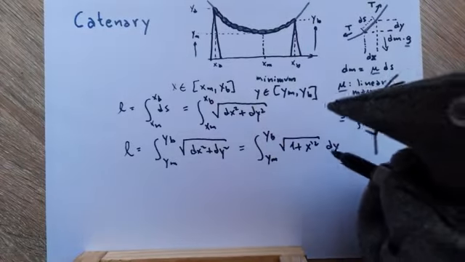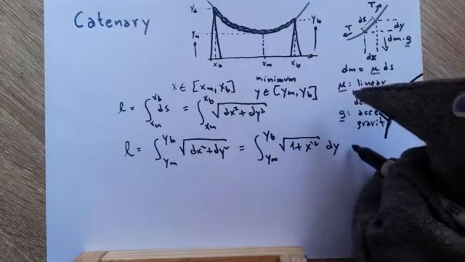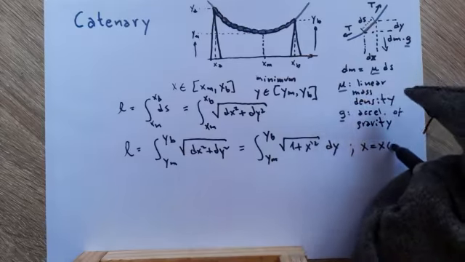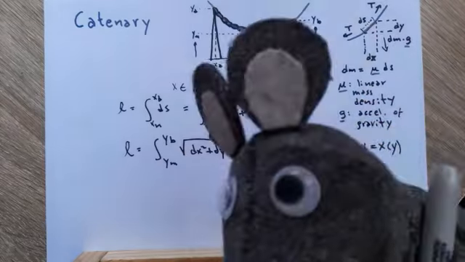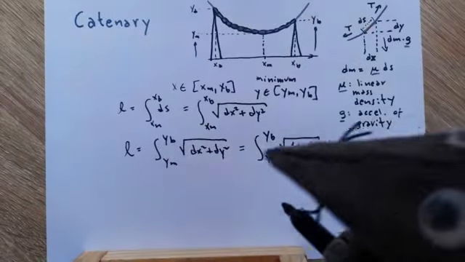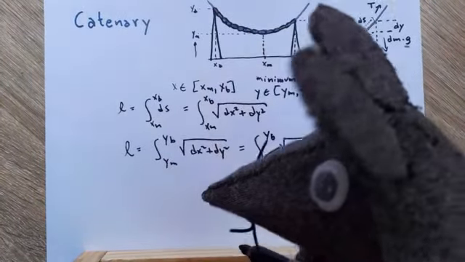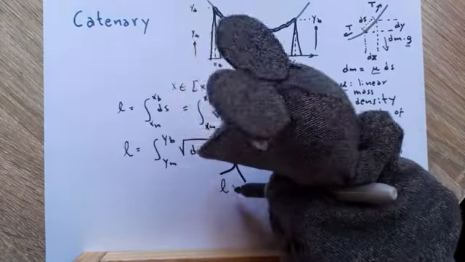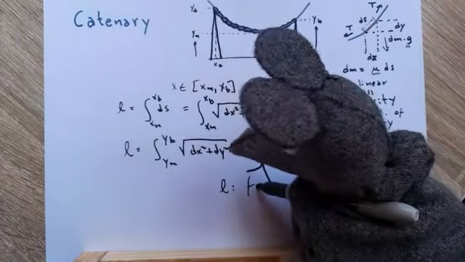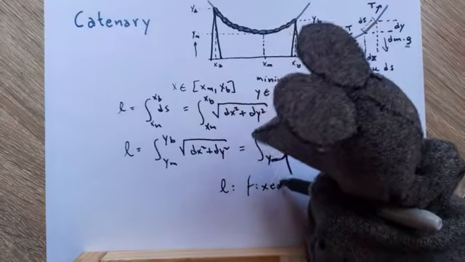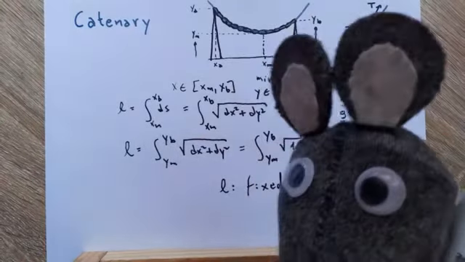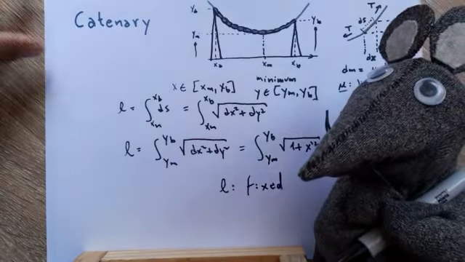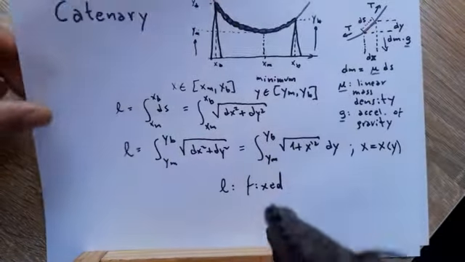So this is the trick: we take x equals x of y. And this L is fixed. It's the length of the chain, so it doesn't change.